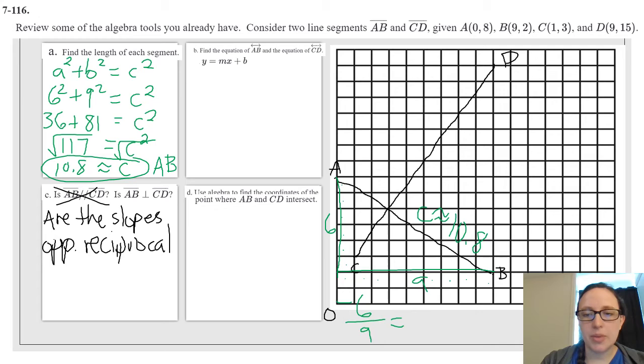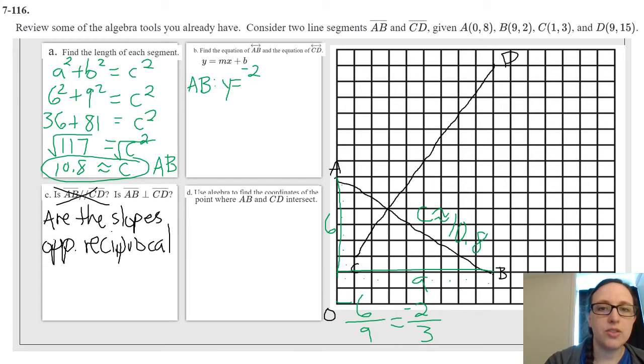Negative 6 divided by 3 is negative 2, and 9 divided by 3 is 3. So the equation of AB is going to be y equals negative 2/3 x. Remember, m is the slope and b is the y-intercept. So that y-intercept is right there at A, which is at 8. So that equation is y equals negative 2/3 x plus 8.